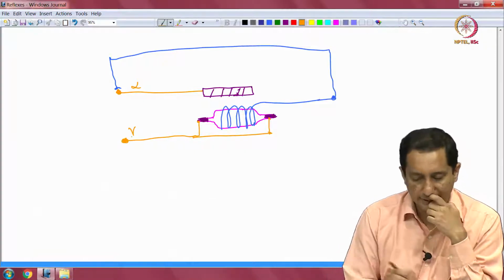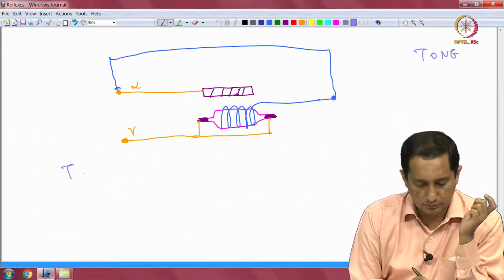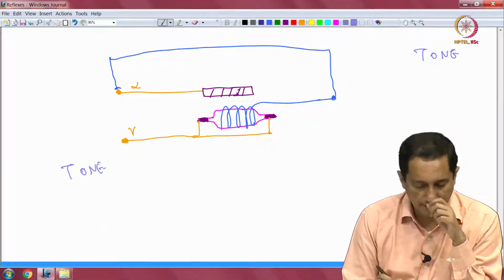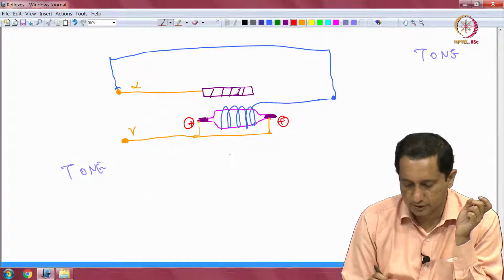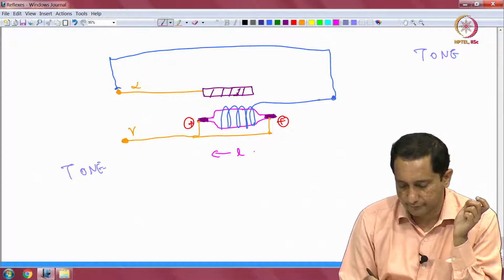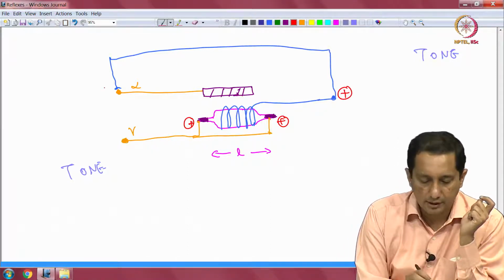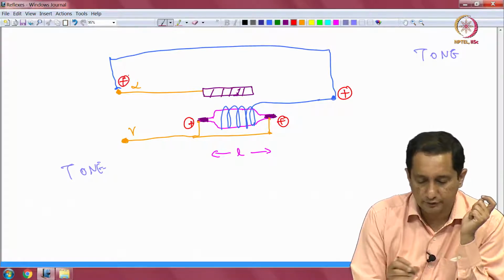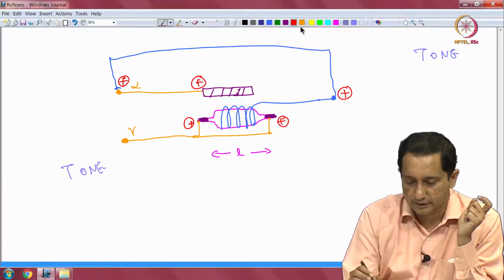So, what happens with the phenomenon? How do we analyze tone? Tone is like this. The gamma neuron stimulates, and that causes an increase in length. Now, the increase in length causes the spindle neuron to fire, that in turn causes the alpha motor neuron to fire, that in turn causes the skeletal muscle cell to fire, and that in turn causes a decrease in length.